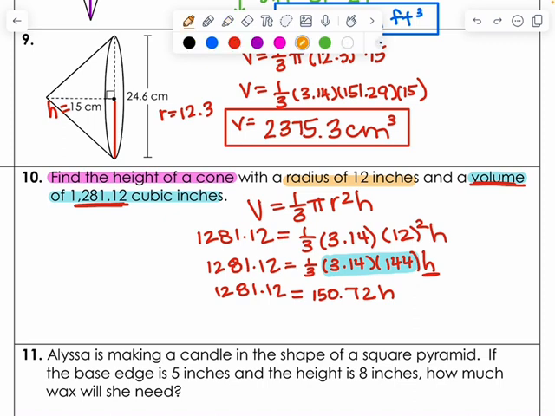Well, we know that 150.72 is tied to h for multiplication. So we need to divide both sides by 150.72. When we do that, we get 8.5.